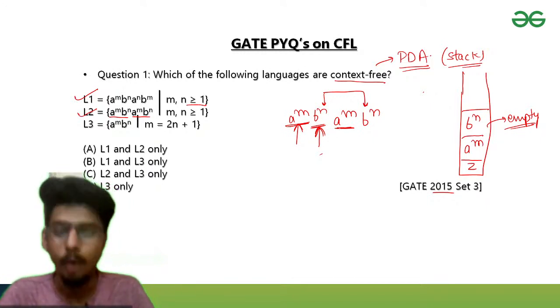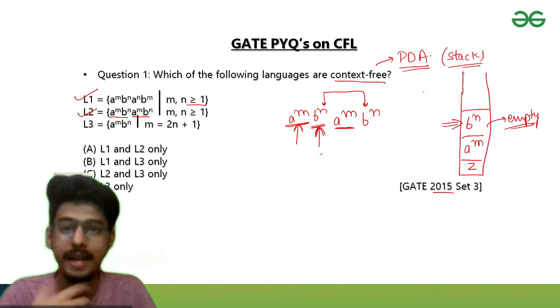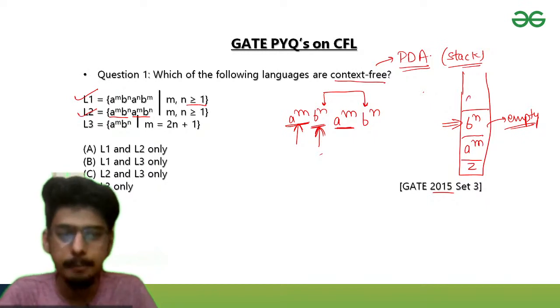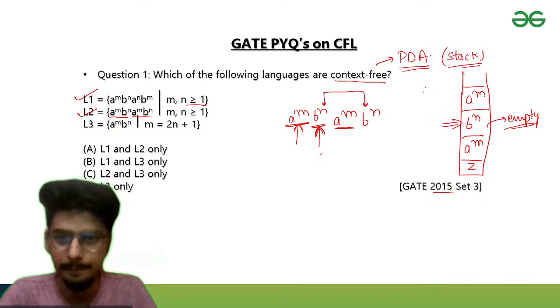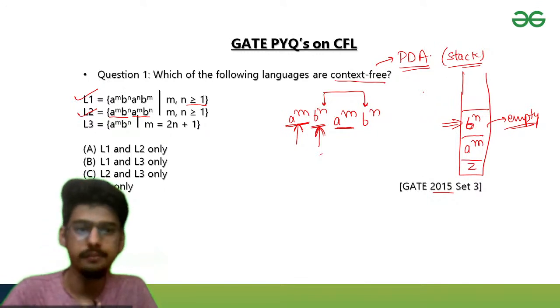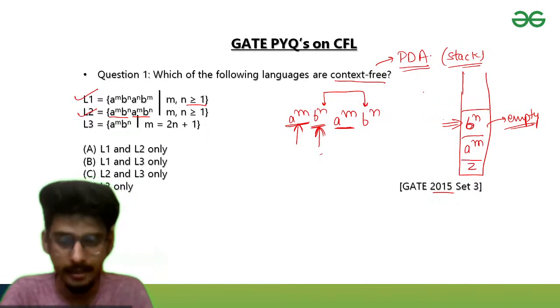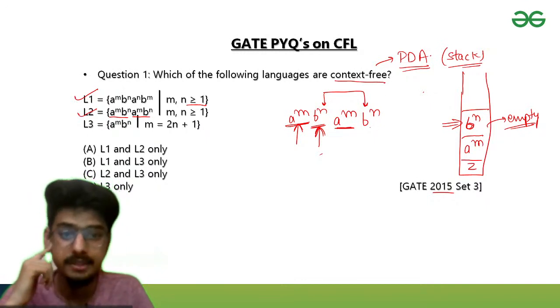But how will you pop the element? The top of the stack has b^n. If it was a^m at the top of the stack, then our life would have been easy. We could have simply popped them out. But for now I cannot do that, because the top of the stack contains b^n, and that was also necessary, because if you do not have b^n in the stack, how will you compare them with the ending b's, right?